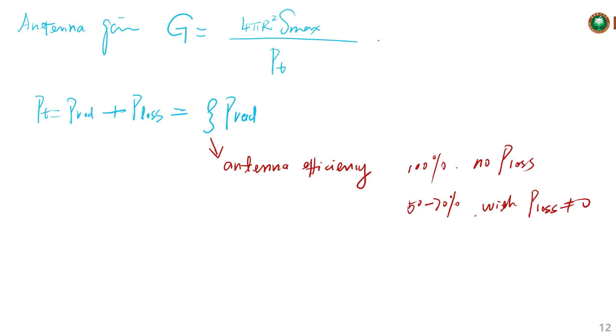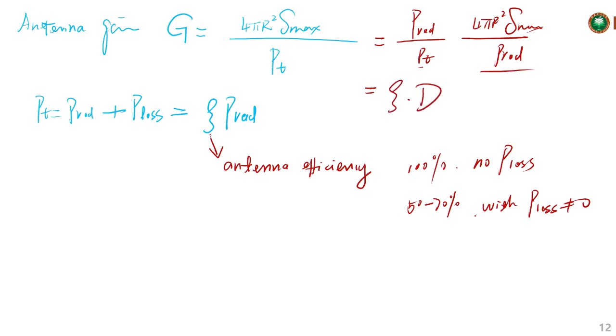And now we can express it as 4 pi r squared S max divided by the radiated power. So this one divided by PT equals the antenna efficiency times this part, which is the directivity. So the antenna gain can be expressed by the directivity in this equation.